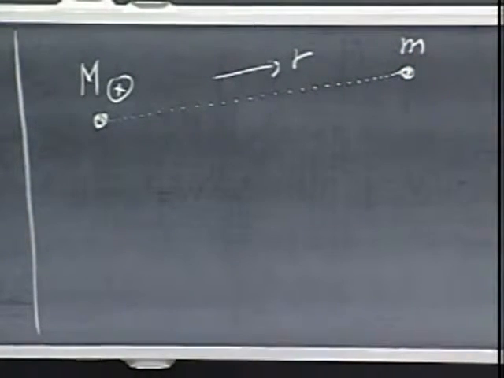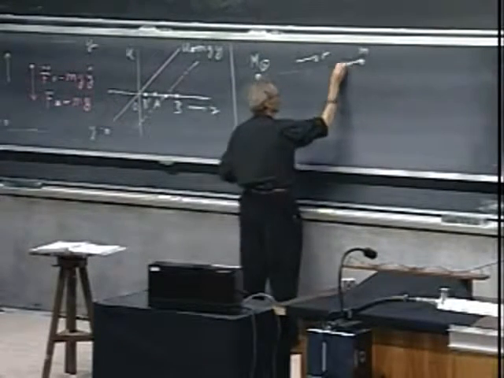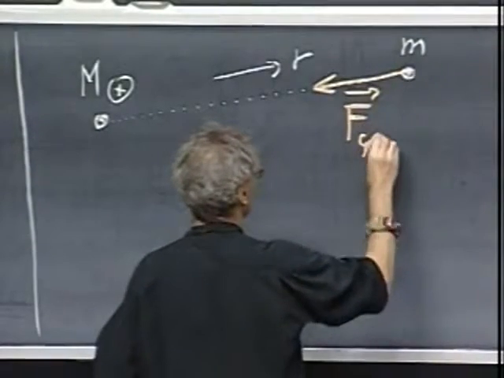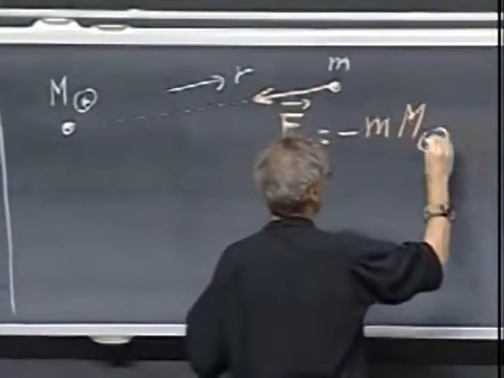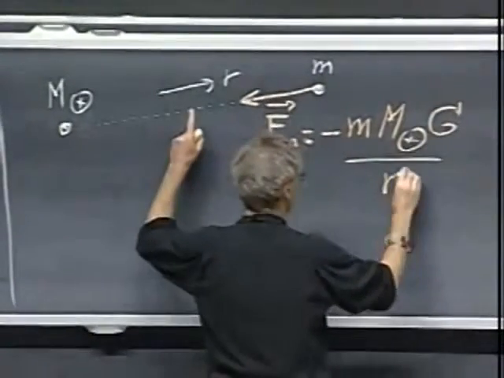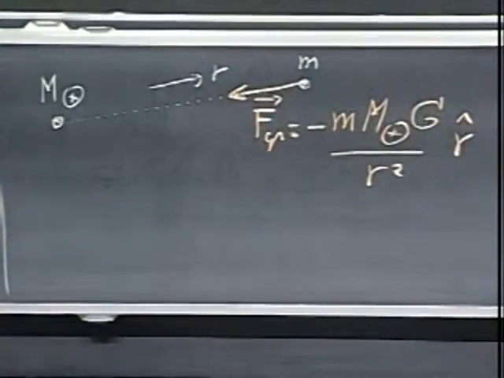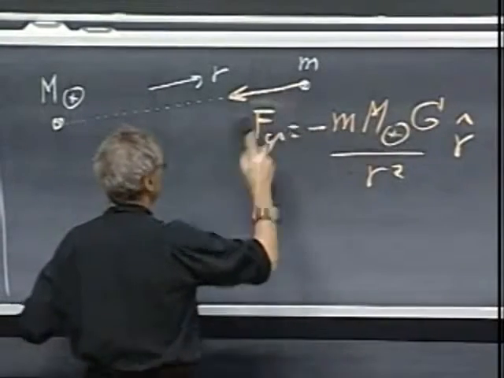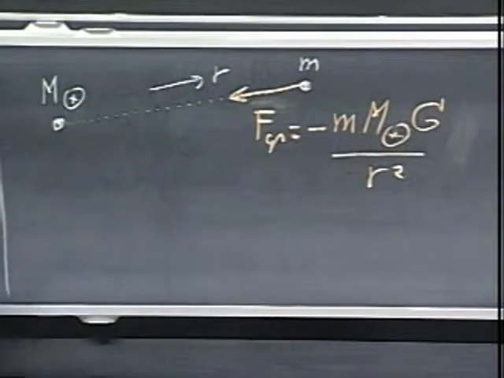I now know that there is a gravitational force on this object, Newton's universal law of gravity, and that gravitational force equals minus m Earth G divided by r squared, r-hat. So this is a vectorial notation. Since it is really one-dimensional, just like we did there, we would delete the arrow and we would delete the unit vector in the positive r direction. And so we would simply write it this way.